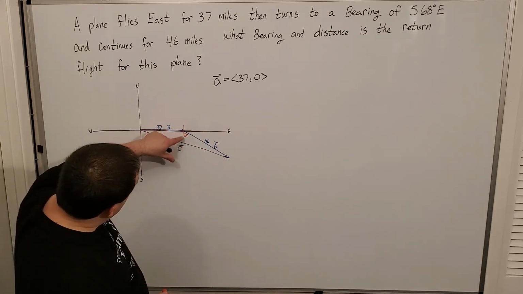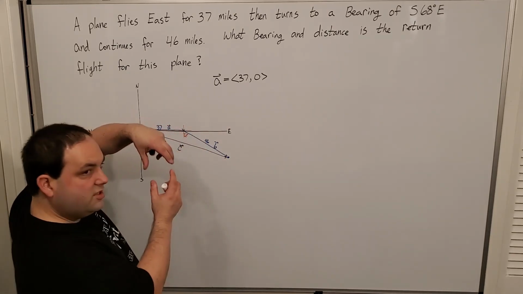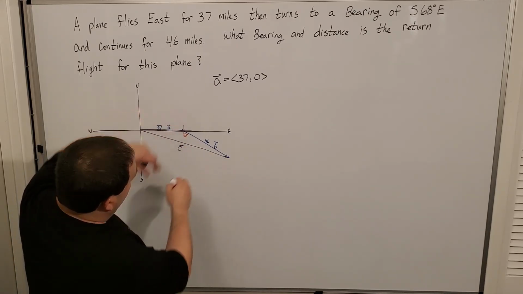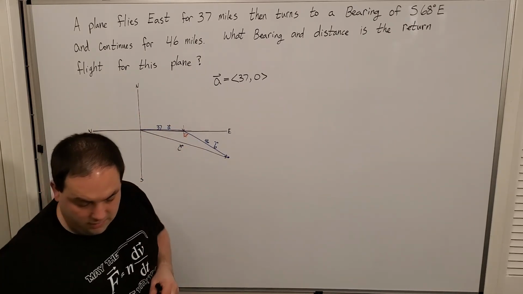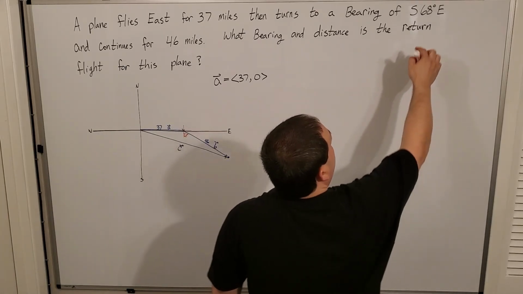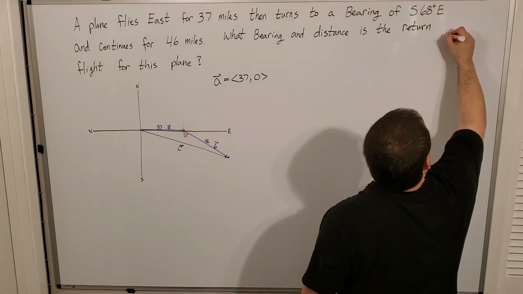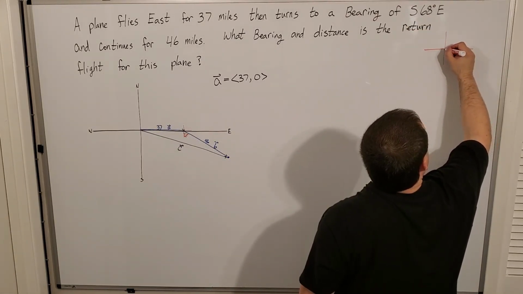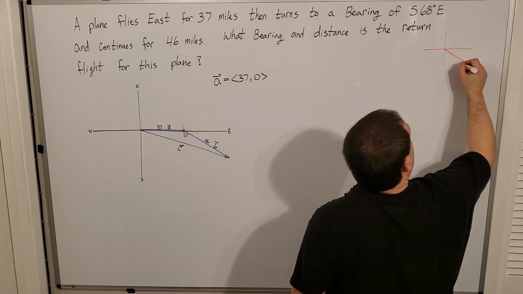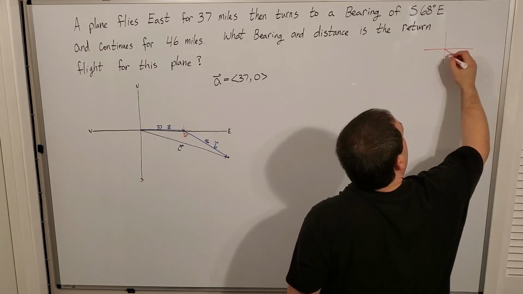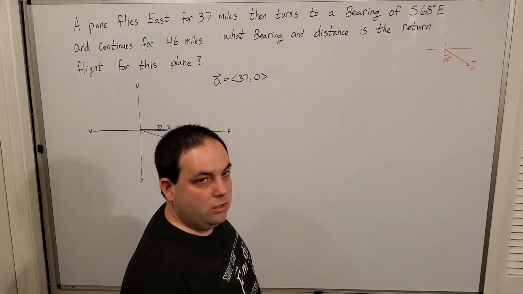But if you see this right here as another set of crosshairs and this angle coming off of it, then you should be imagining that this bearing could be generating a vector like this, right? This would be vector B.